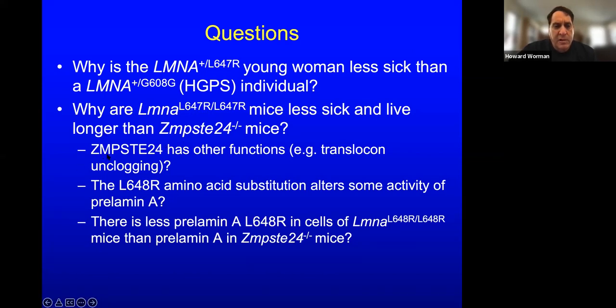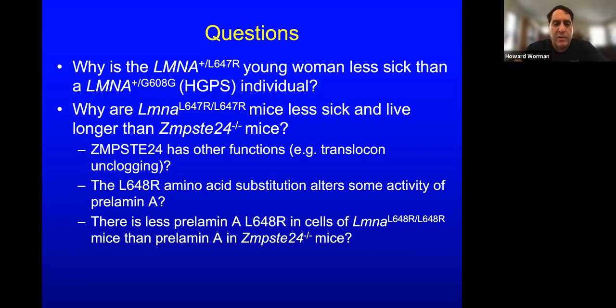Some research has shown that ZMPSTE24 has other functions, for example, in translocon unclogging, also in mediating certain antiviral defenses. Might these mice have defects that, in addition to some toxic amount of pre-Lamin A, cause them to get sicker sooner? Is it possible that the single amino acid substitution alters some activity of pre-Lamin A?